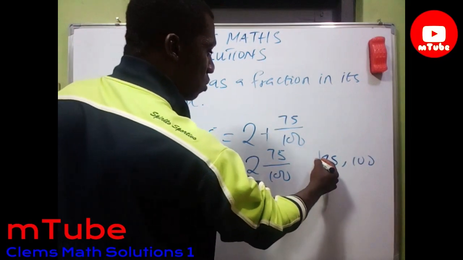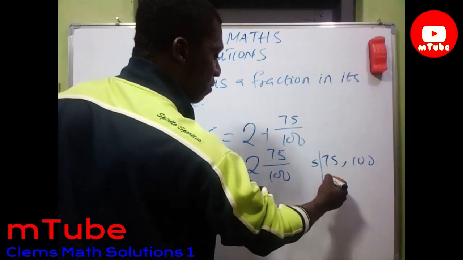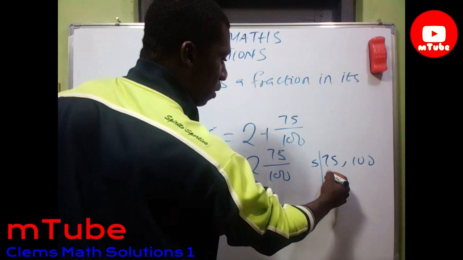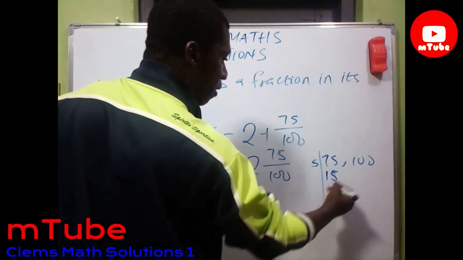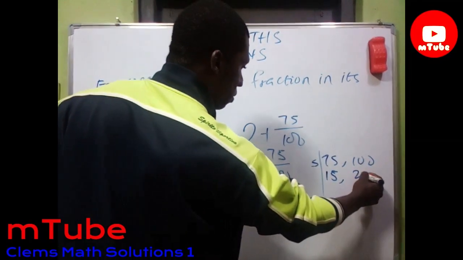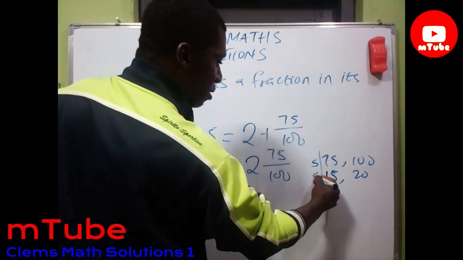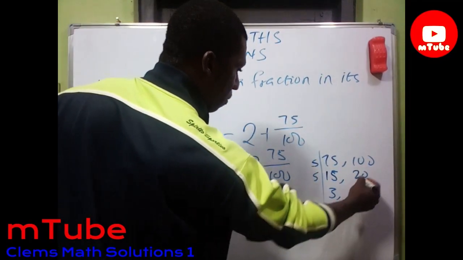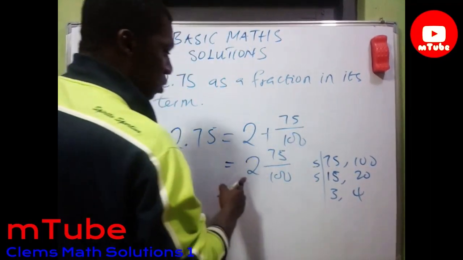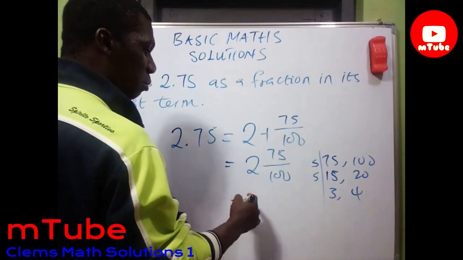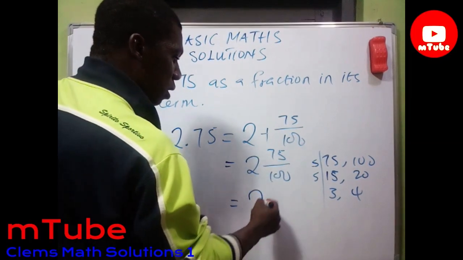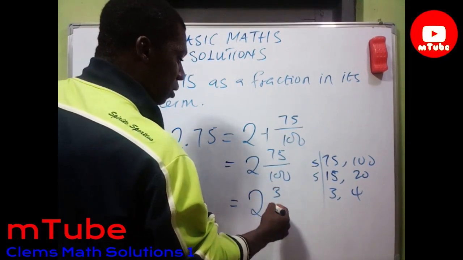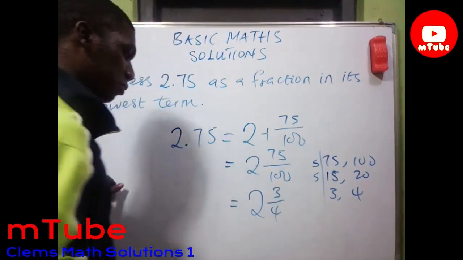In this case, it has to be 5. 5 divided into 75 gives 15, and into 100 gives 20. And 5 can still divide to give 3 here and 4 here. So that means 2 whole number 75 over 100 is 2 whole number 3 over 4.